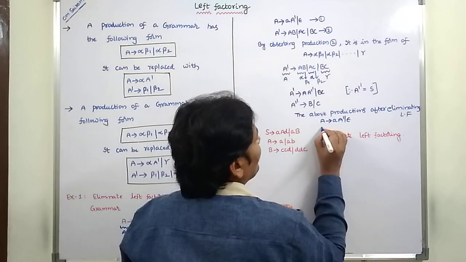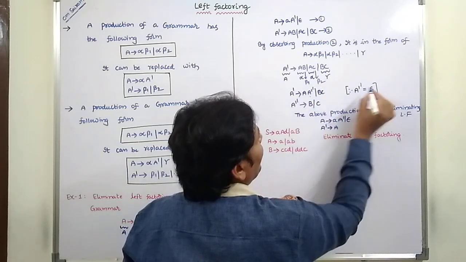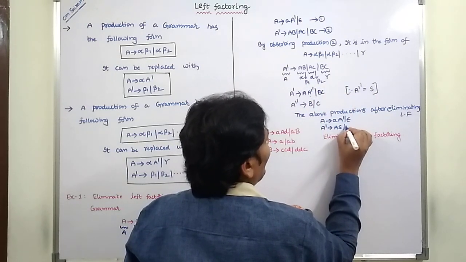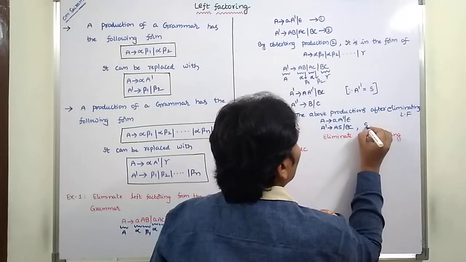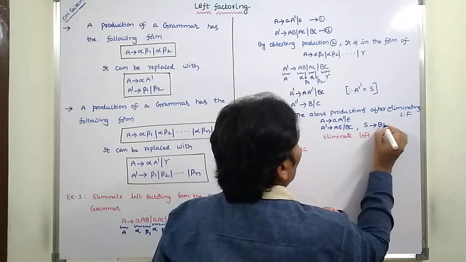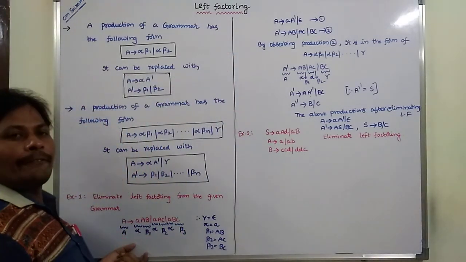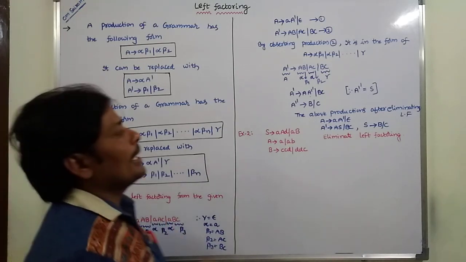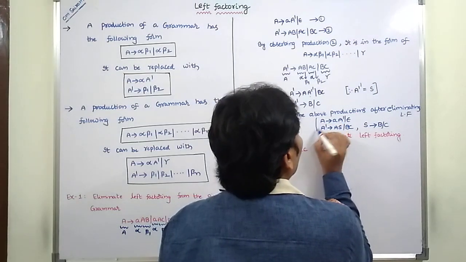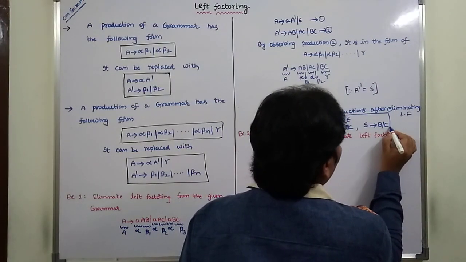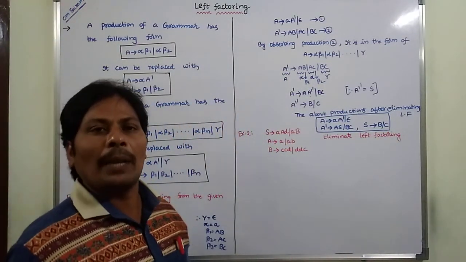Second production, A dash tends to capital A dash dash can be written as S by BC. Next one, A dash dash is nothing but S tends to B or C. Okay. So these are the final productions after eliminating left factoring. Now go to the second example problem.